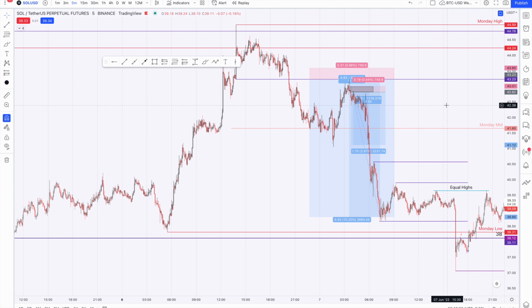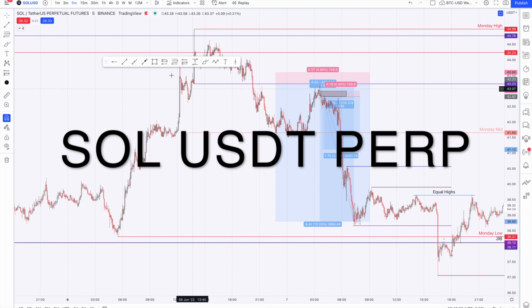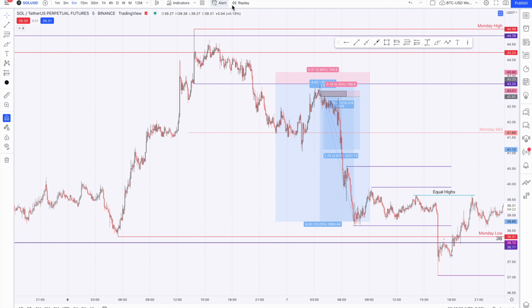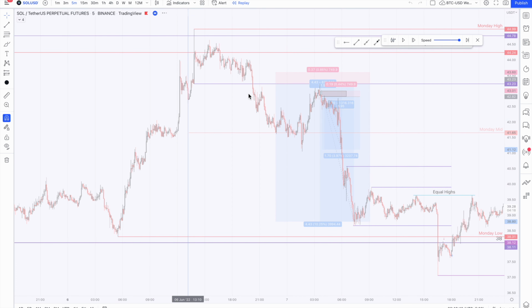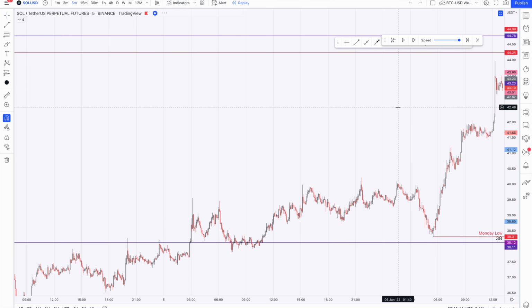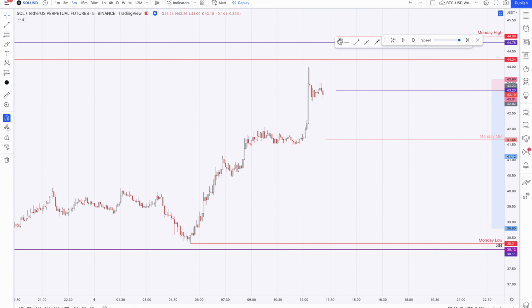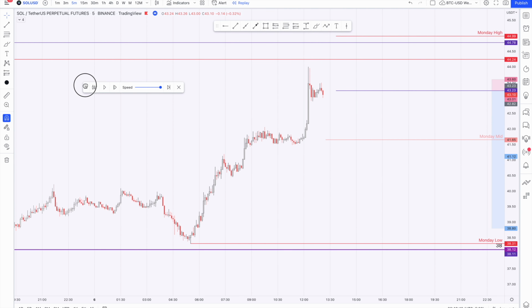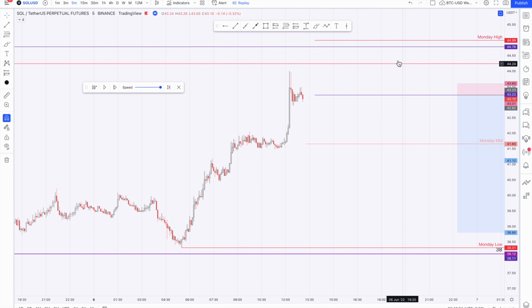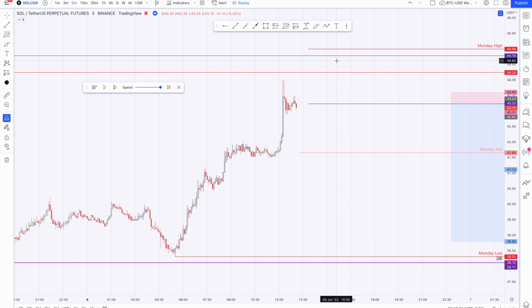Moving on to Solana again. Replay tool. Let's just walk through it from that instance. I have marked certain levels here. This is red, so this is definitely a daily level. This is purple.